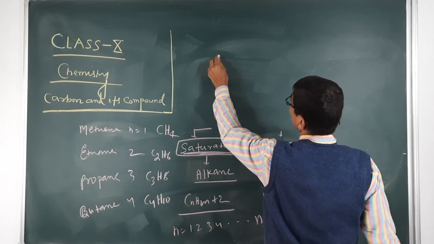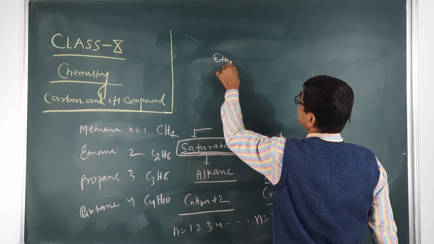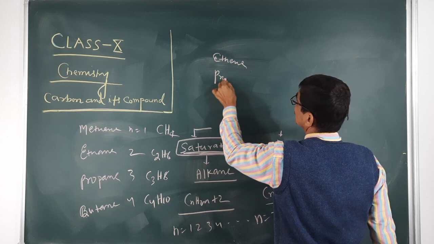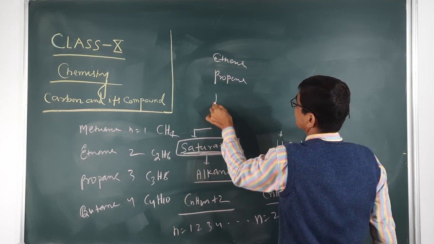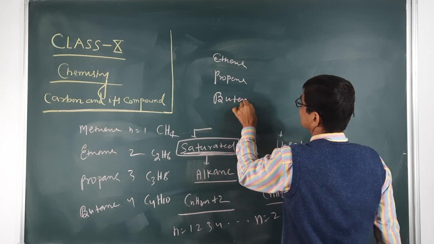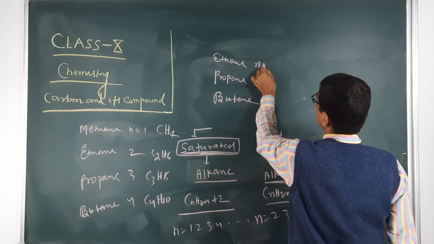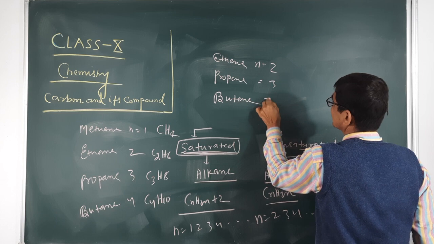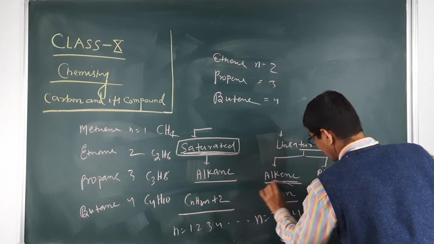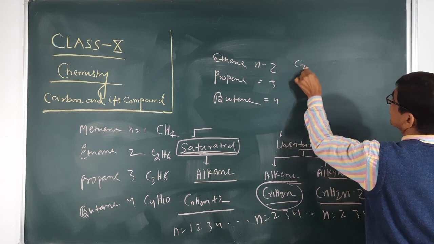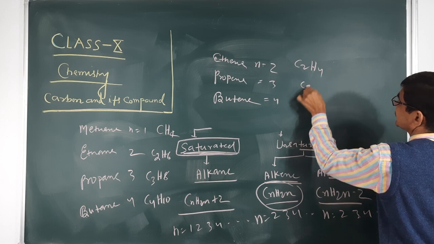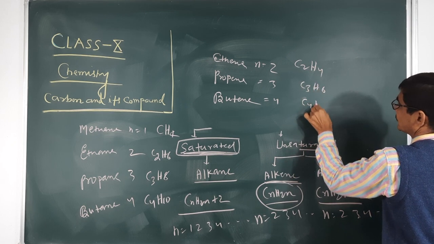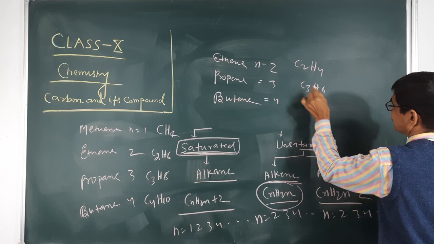Alkene: ethene, propene, butene. So n equals 2, 3, 4. Now put the value in this formula. We will get C2H4, C3H6 and C4H8.